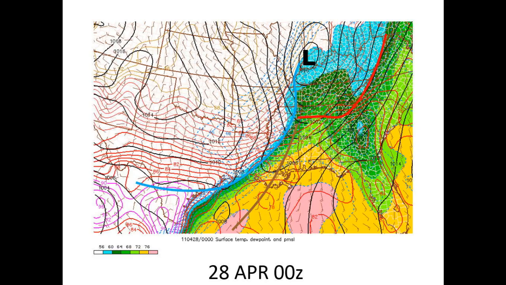So by 0Z, you see the 70 dew points come inland, across Alabama, so the upper 60s and low 70s actually do surge north, so there's actually stronger advection going on during the day of the 27th into the evening of the 28th. And that's in response to the deepening cyclone moving up into the Ohio Valley. But again, it's not an especially deep low, but the gradients were strong, the moisture was prevalent, and we'll see what that looks like when we piece it together in the soundings.